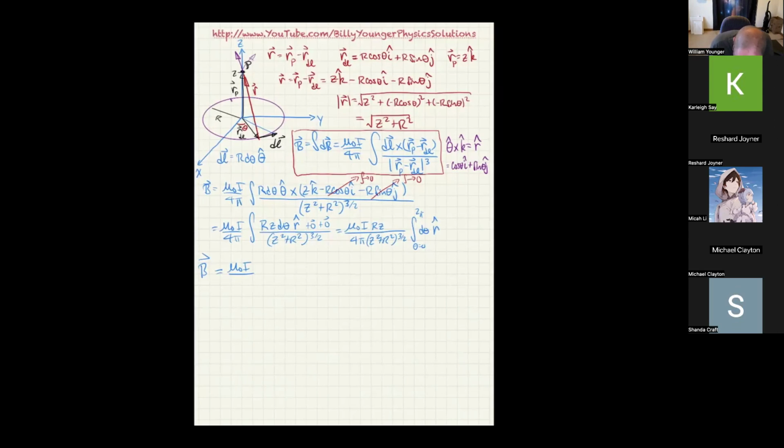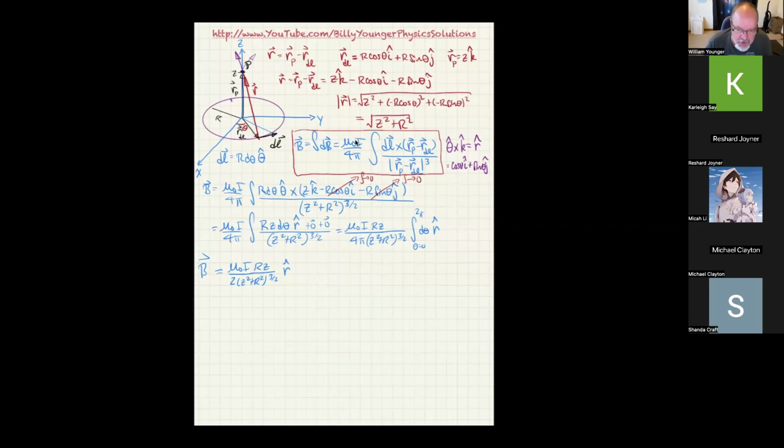So this is going to become mu 0 I over just plain 2, over z squared plus r squared to the 3 halves, times r z. And all of that will be in the r hat direction. And that in principle should be right.